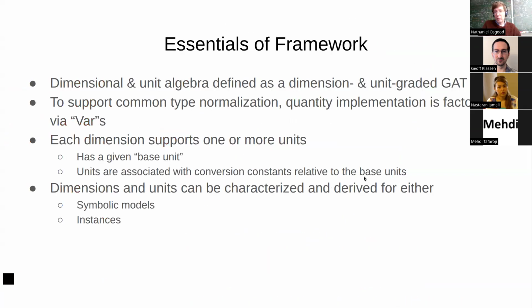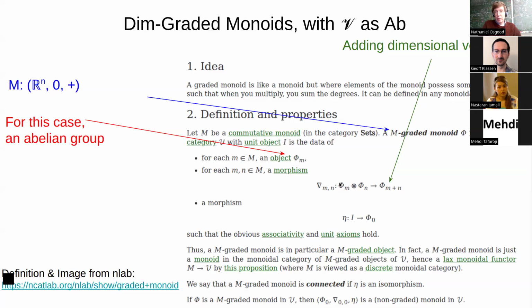Those who were present for the discussion with Evan Patterson may remember that we have a dim-graded monoid within some ambient category, the category of abelian groups, so each object is a group. We're going to have M be a commutative monoid in the category of sets.